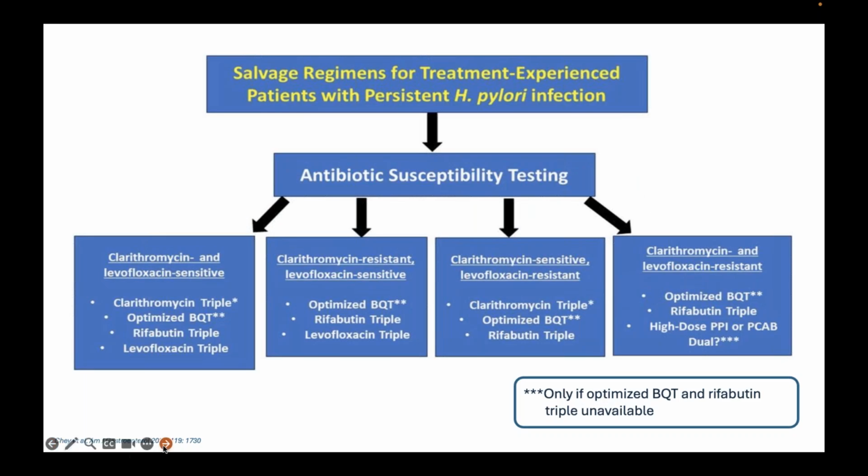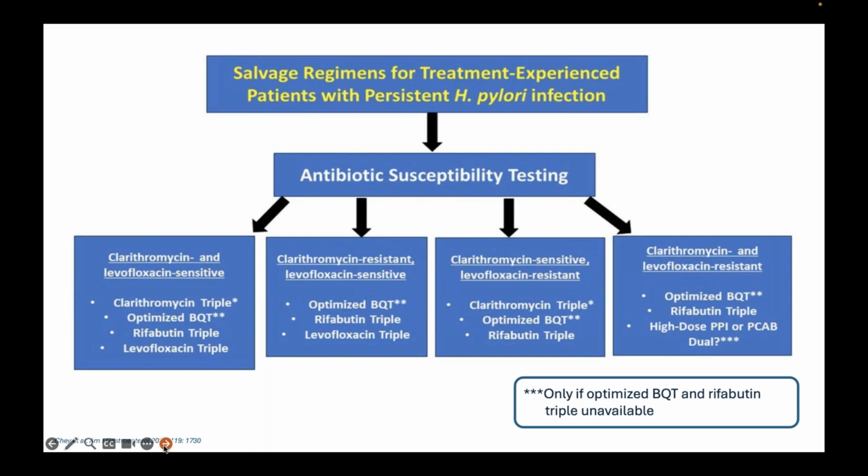For patients requiring salvage treatment, and there is availability of antibiotic susceptibility testing, then the treatment to be recommended depends on the results of that test. On the left-hand side, if the organism is sensitive to both clarithromycin and levofloxacin, you have multiple options available, including clarithromycin-based triple therapy. And really, this is the only situation in which we would recommend clarithromycin-based triple therapy: when you have documented proof that the organism is clarithromycin sensitive.